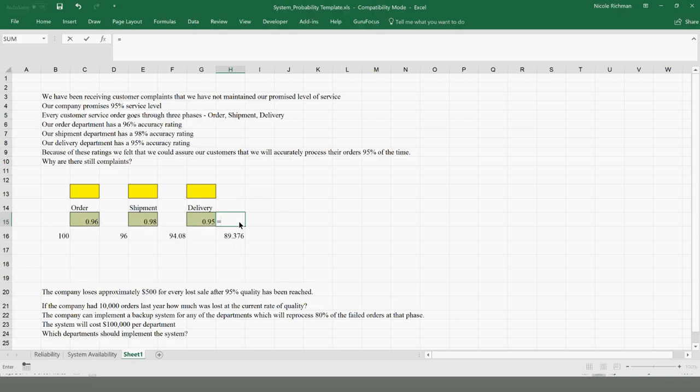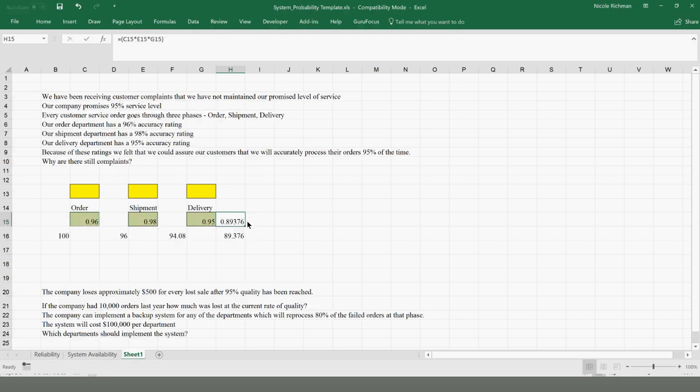And so another way we calculate this is to multiply each one. And this is another way of saying that essentially our ordering system from order to delivery is reaching only an 89.3% or 89.4% level of quality.